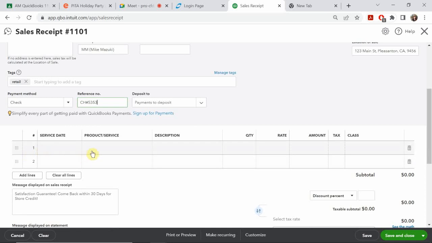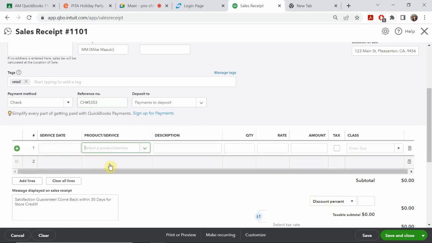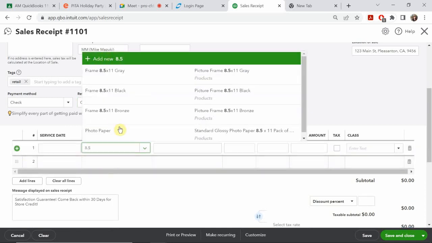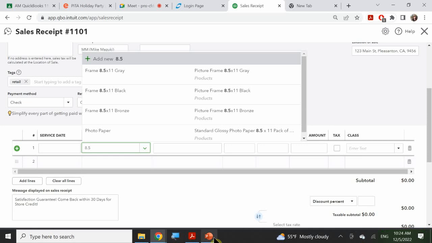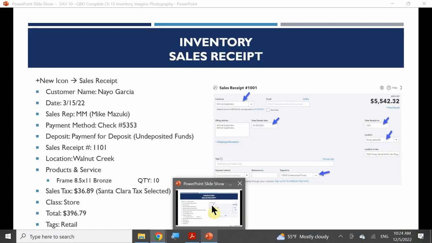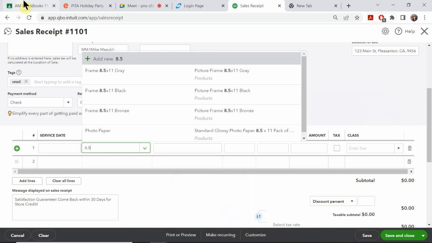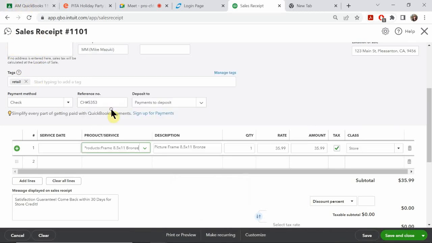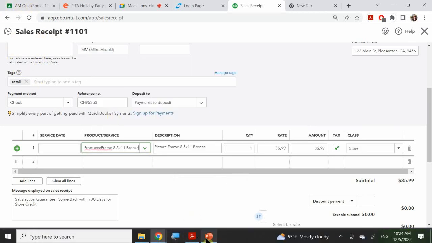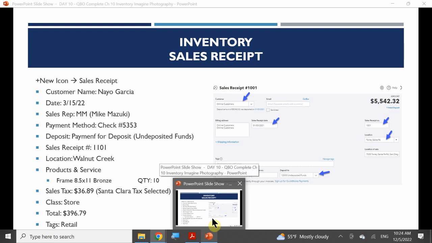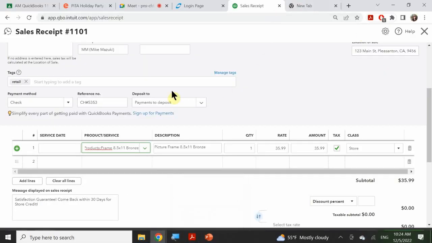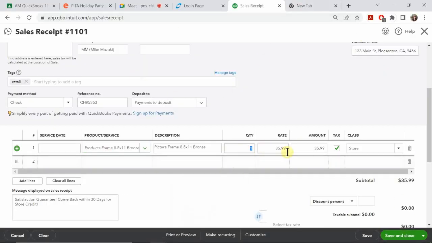And what did they buy from us? They bought more picture frames. Okay, let's see, which picture frame did they purchase from us? They purchased bronze picture frames. Okay. How many did they purchase? I believe they purchased 10. Okay. 10 of those bronze picture frames.